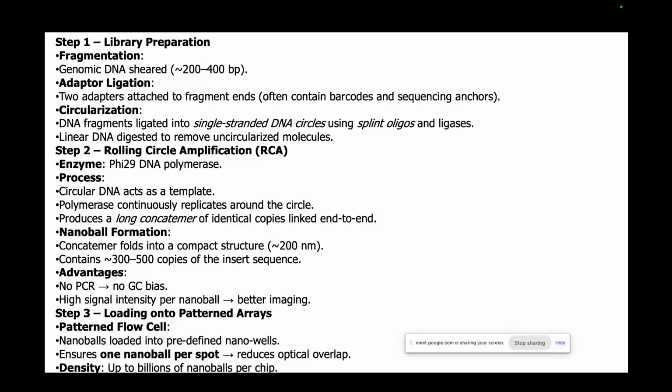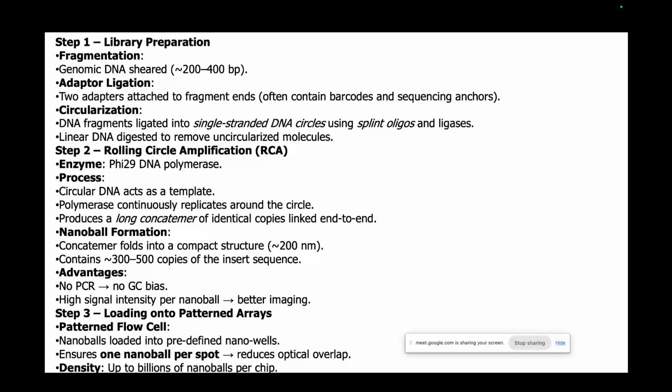So while imaging, there is not much optical overlap between the signals coming from one DNA nanoball to the other. Generally we have flow cells, but here you have patterned flow cells. So inside the flow cell you have patterns on where to keep the nanoballs, and they're separated by a small amount of distance, and it ensures that there is only one nanoball per spot.